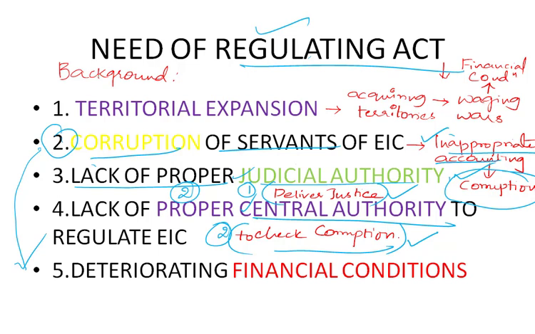So these 2 reasons, the primary territorial expansion and the corruption among the civil servants of the East India Company, deteriorated the financial condition of the Company. This is also one of the reasons why the East India Company was regulated by the British Parliament.